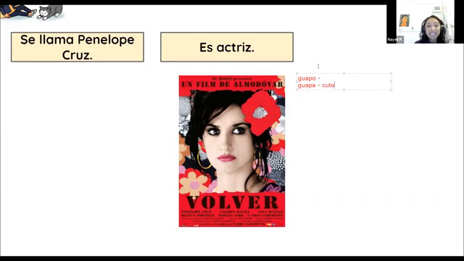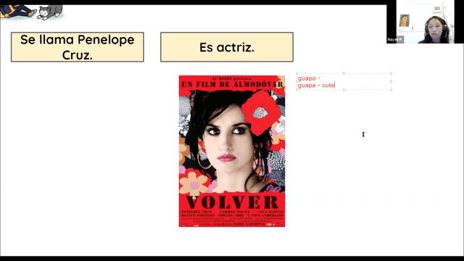Oh, thank you, Alison. Yes, George Clooney. George Clooney es guapo. And George Clooney es extrovertido. ¿Piensas que es extrovertido? Sí. George Clooney es actor también. Also, también.